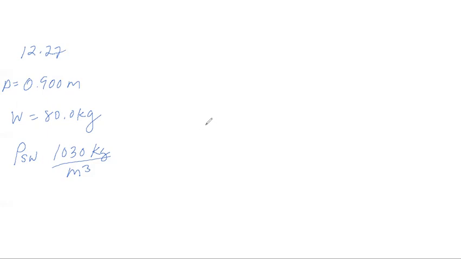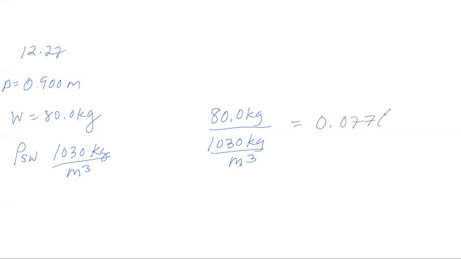So let's go ahead and do 80.0 kilograms divided by 1030 kilograms per meter cubed. And that's going to give me 0.07767 meters cubed.